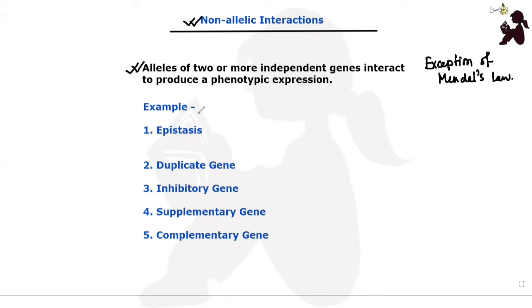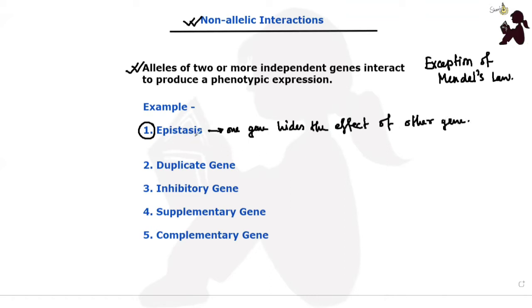For example, we can see epistasis. Epistasis means when one gene hides the effect of another gene.